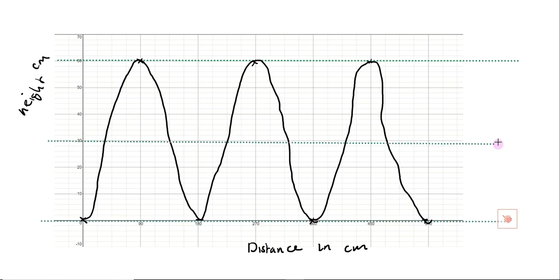halfway through. Halfway through is at 30. We go to 60, we go to 0, so the amplitude is 30. I'm just writing 30 for the moment. The centre line is 30, so I need a plus 30 on the end.